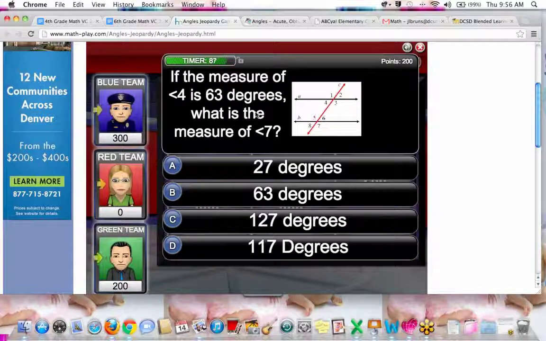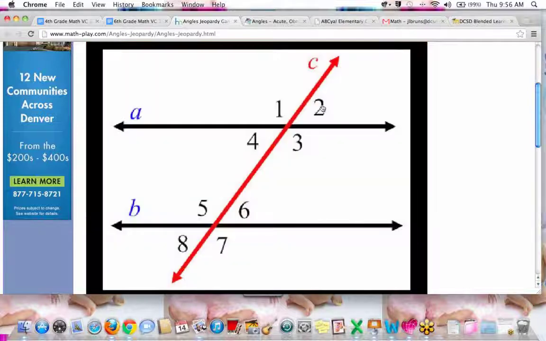So take a look at the picture. 7 and 8 are the same angles as 3 and 4. Can you click on the picture? I can. Okay. Now adding up 3 and 4 should give you 180 degrees.